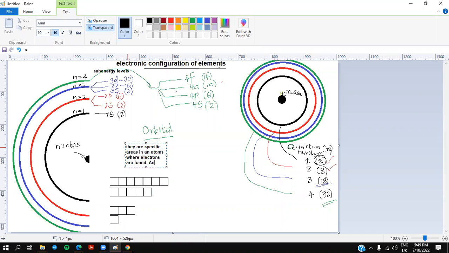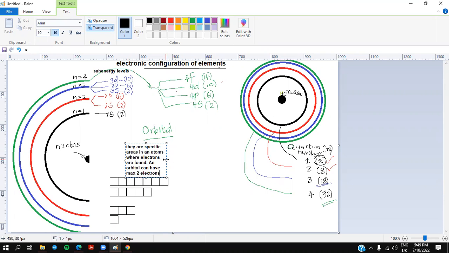And one important point again, an orbital can have maximum 2 electrons.